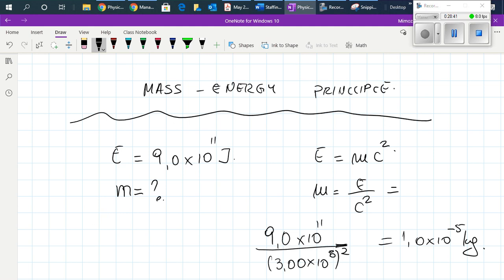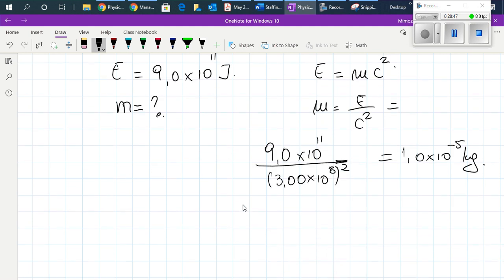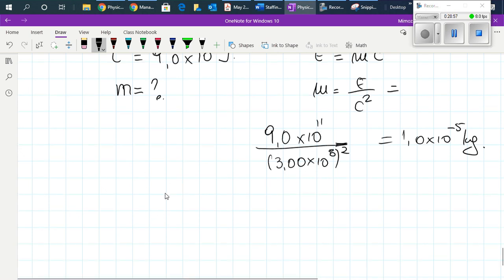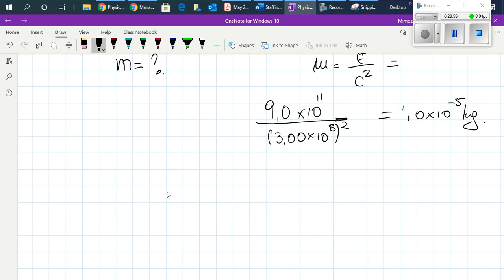Based on this idea of mass-energy equivalence, physicists explained the mass defect as the binding energy that holds protons and neutrons together.